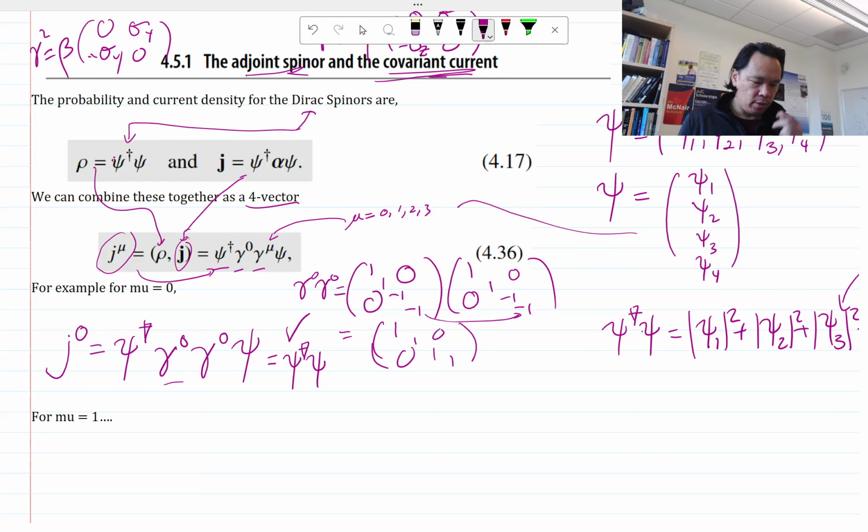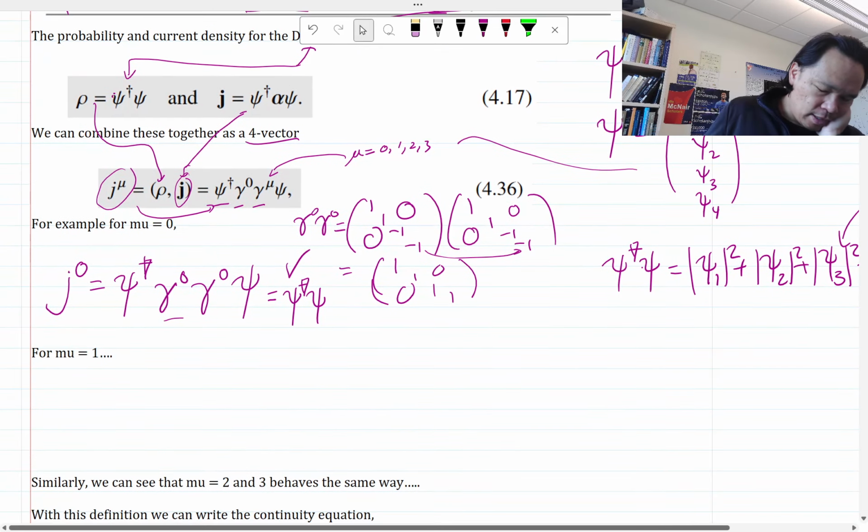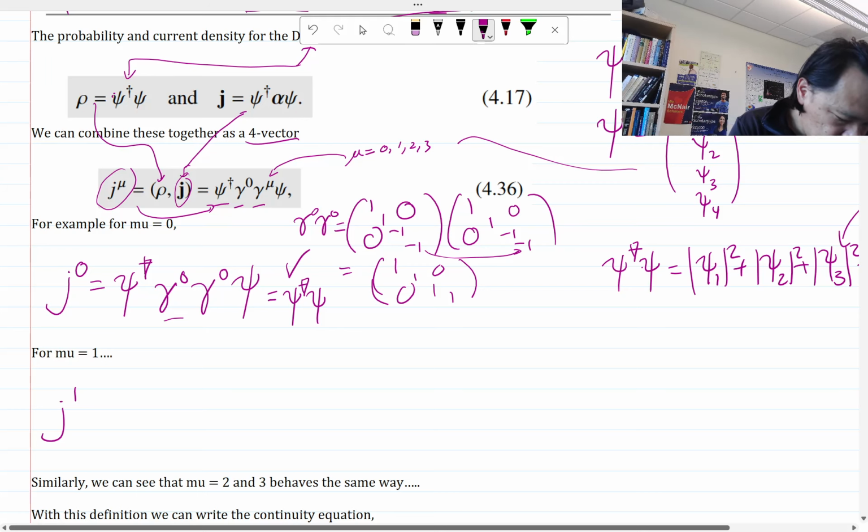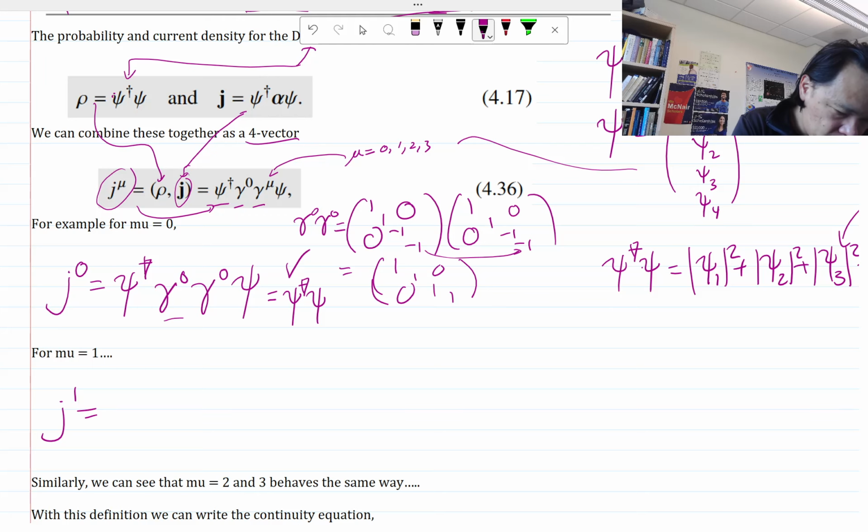I'm going to do one of the spatial ones, and then you can do the other two in your homework. So let's say for mu equals 1, I'm trying to calculate what J1 is. Once again, I'm just going to write the definition on the right-hand side here: gamma 0, gamma 1, acting on the wave function.